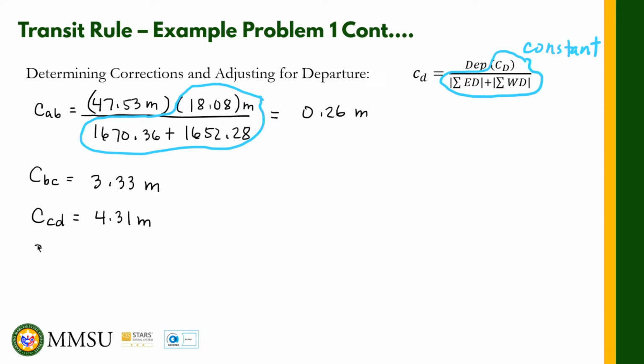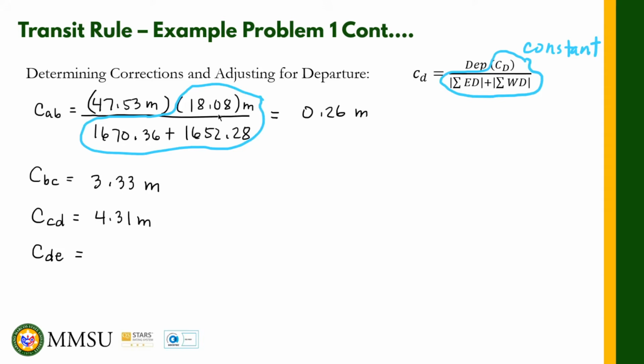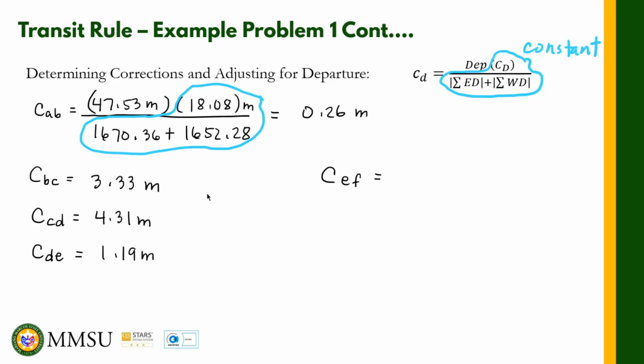Okay, to compute for the correction of DE, the original departure of DE is 219.51 multiplied by the value of this one, and we should come up with 1.19 meters. Next, for the correction of EF, the original departure is 1,110.58 multiplied by the value of this one, and we should come up with 6.04 meters.